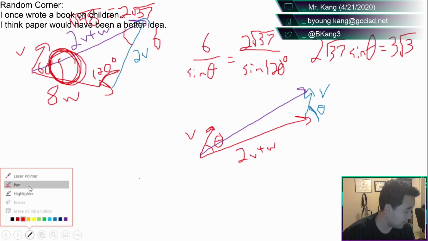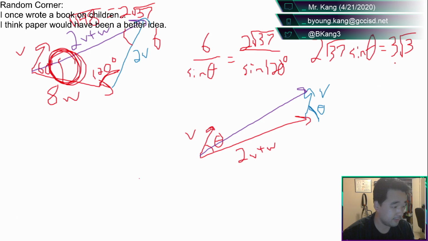The reason why we got 3 square root of 3 right here. We set up law of sines right here. Can you see my cursor? Sorry, Taylor. So you see this law of sines. When you cross multiply and divide, sine of 120 actually gets replaced with square root of 3 over 2.